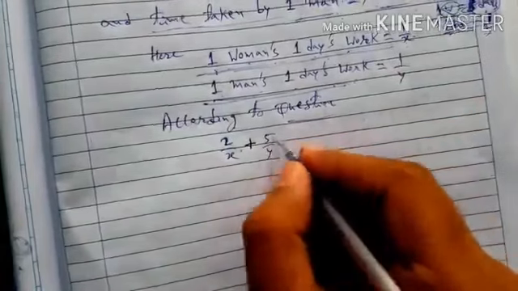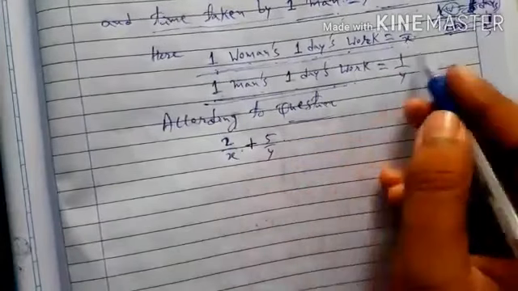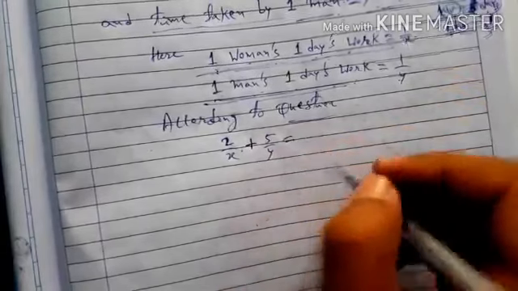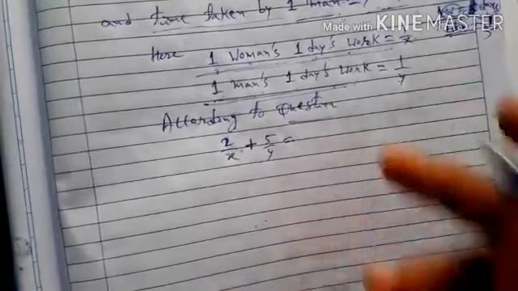So 2 by x plus 5 by y equals the together work in 1 day.